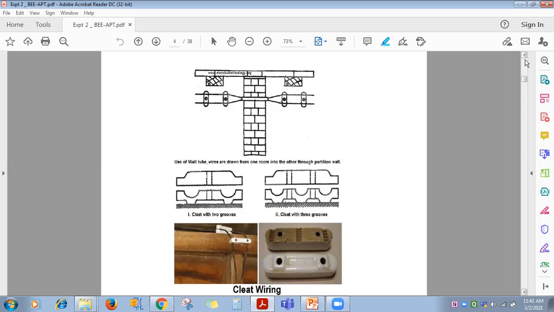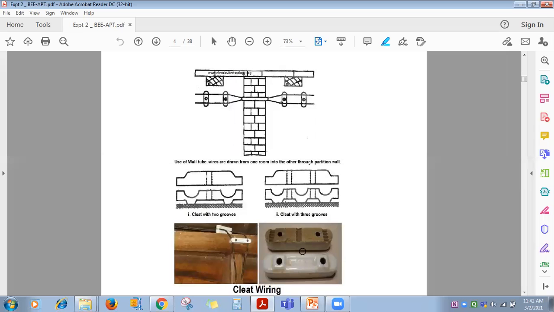Now, because of stranded conductors at the center, whatever the diameter of that conductor or of that wire, even if you bend that wire, the conductor inside it will not break, meaning flexibility increases. So every wire you will find has centrally stranded conductors insulated with insulating material. Okay, so this is about the wire. Now we'll see the wiring arrangements.